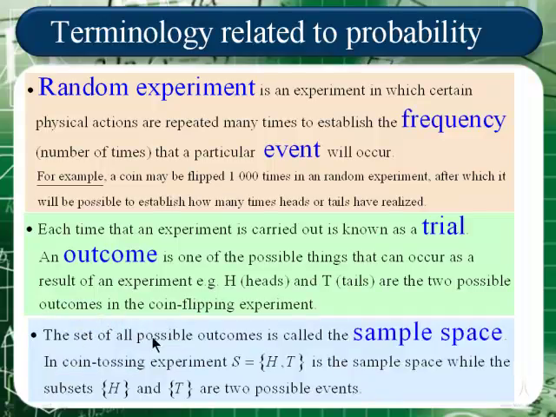The set of all possible outcomes is called a sample space. So in the coin tossing experiment, the sample space S is the set containing the two outcomes H and T. So this is the sample space, while the subsets, the set H and the set T, are two possible events.